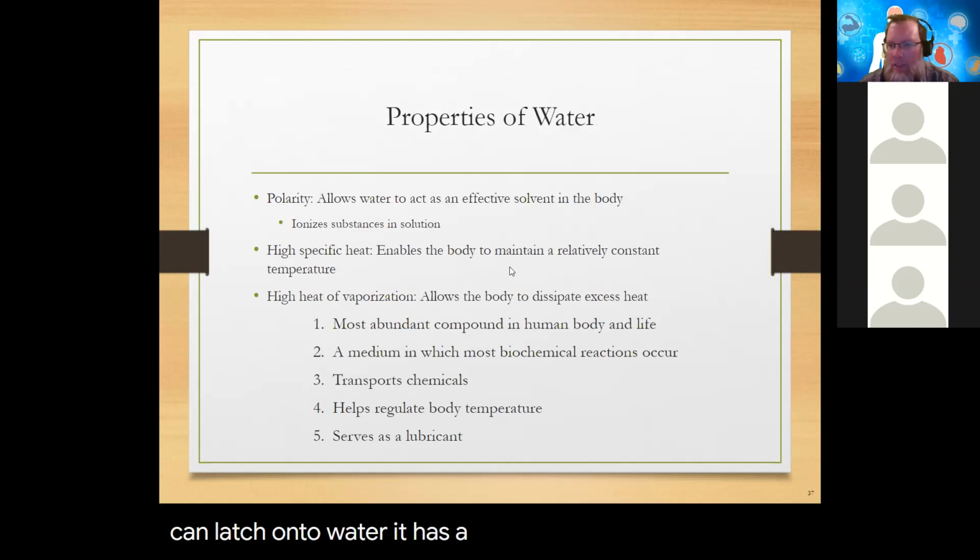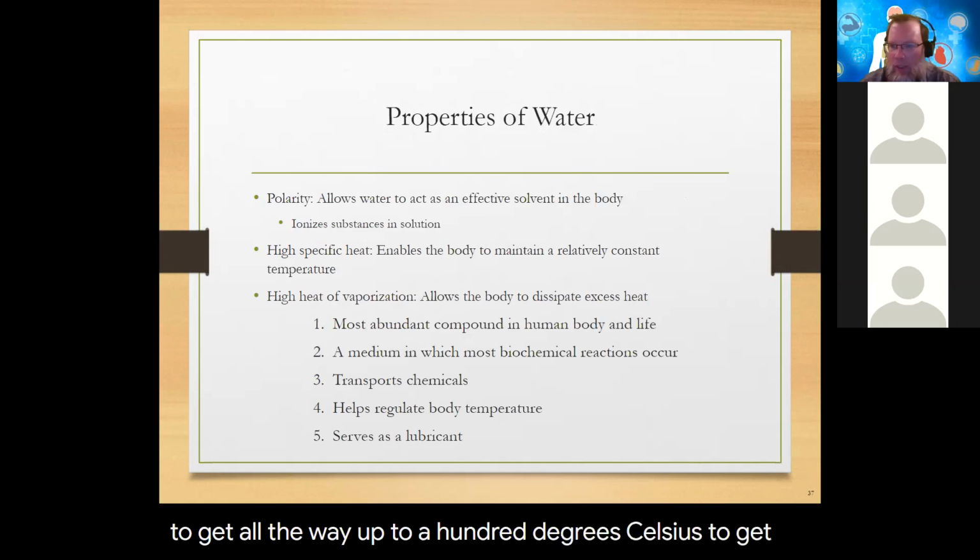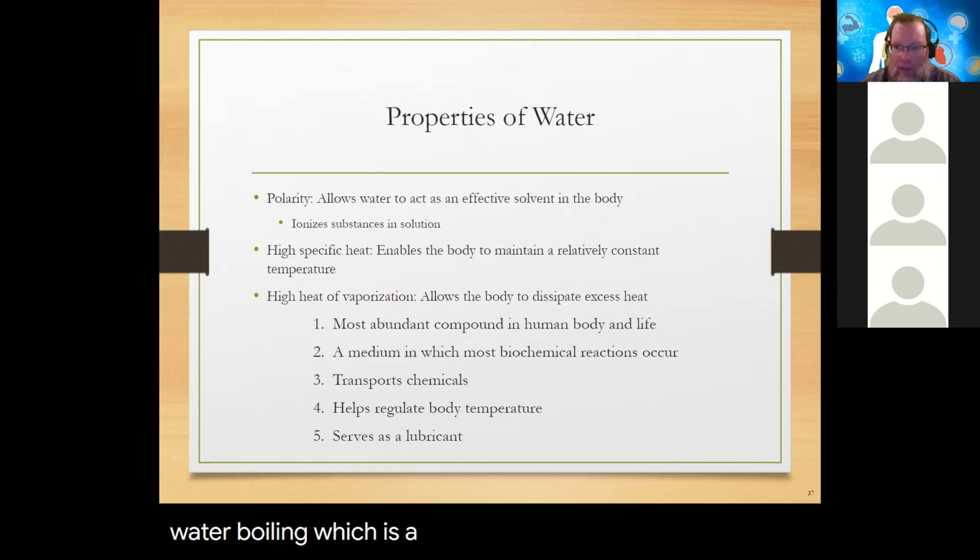It has a high specific heat. That simply means that it takes a high temperature to get it boiling. We have to get all the way up to 100 degrees Celsius to get water boiling, which is 212 degrees Fahrenheit. So thankfully, we're not exposed to 212-degree Fahrenheit temperatures. So that high specific heat does allow us to maintain a consistent and constant temperature.